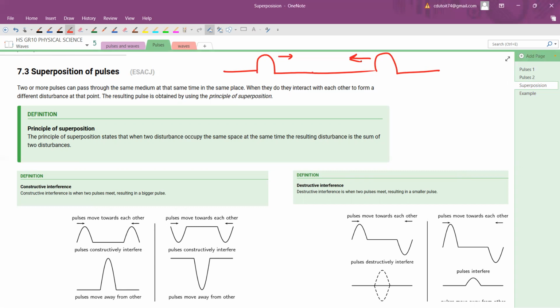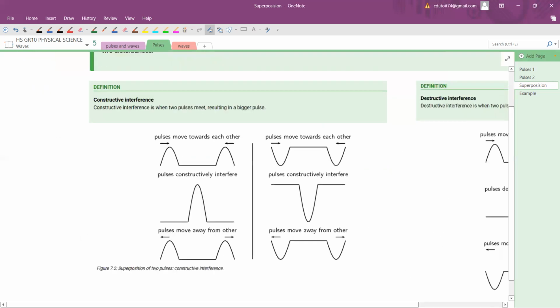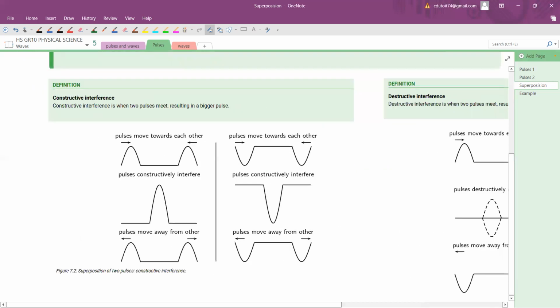Now, you get two types of superposition. This is theory that's very important. You get constructive interference and destructive interference. Look at these drawings, you're going to catch it in a second. If two pulses are both going up and traveling towards one another, superposition is going to take place.